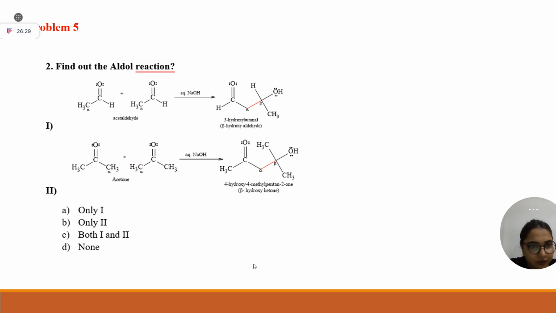Okay. Problem number 5, students, is to find out the aldol reaction. What are they asking? In the first question they are asking, is this product, 3-hydroxybutanal, possible? Let's see one by one. This is your base. The base is going to abstract this alpha hydrogen and form your enolate.